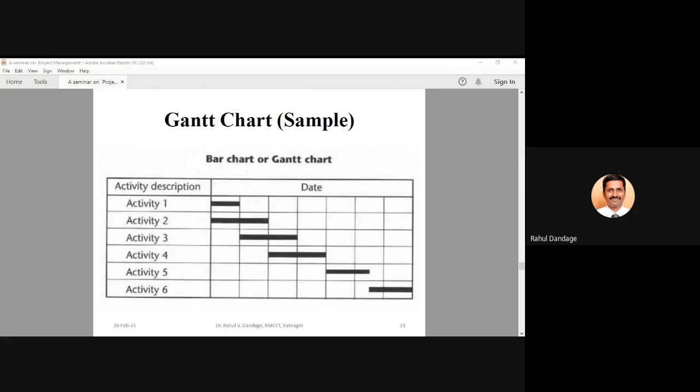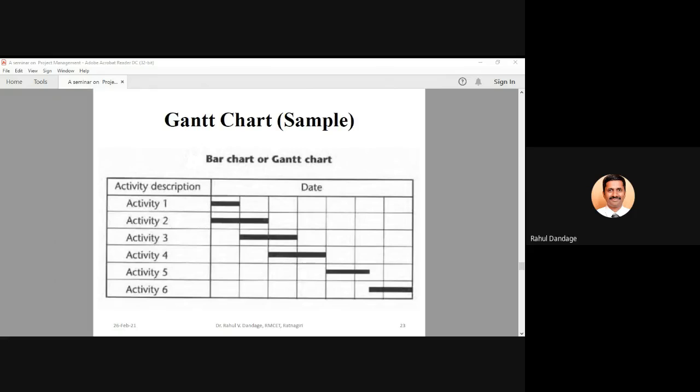Then if I go for activity 2, it also starts parallelly with activity 1, but it finishes at the end of week 2. So the total duration required to finish activity 2 is 2 weeks. But since activity 2 and activity 1 are independent, they can run parallelly. So by the end of 2 weeks, activity 1 and 2 both should get finished.